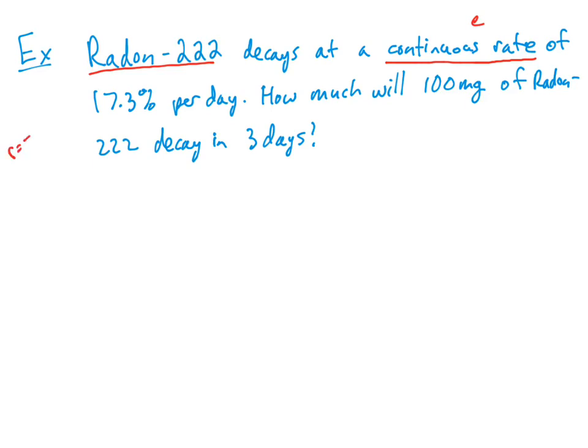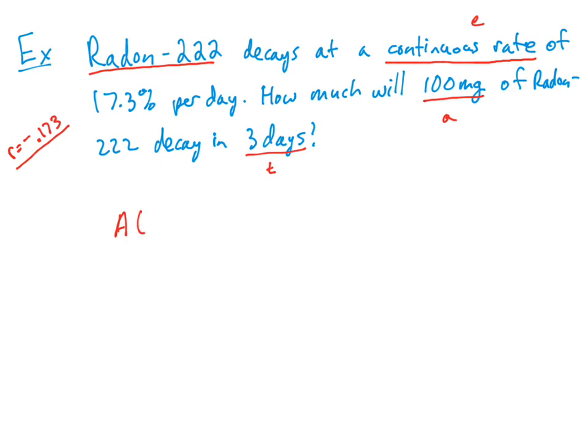So that means our R value is going to be negative 0.173. We convert the percentage into a decimal. How much will 100 milligrams of radon-222 decay in 3 days? So 100, that's the initial value, so we're going to use that for A. And then 3 days, that's going to be the T value.